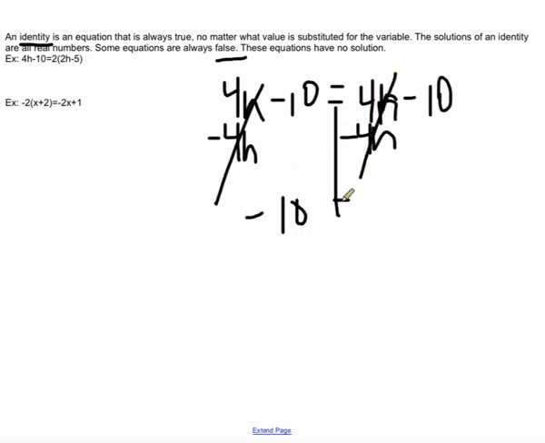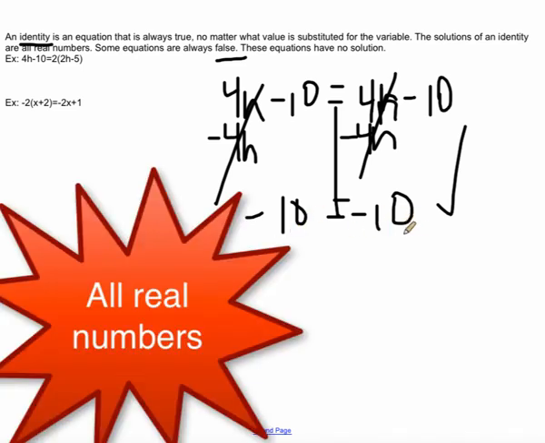Negative 10 equals negative 10, which is a true statement. So you see that the variables were canceled. I have no variables left, and I just have a number equals a number. If those numbers match, then that is all real numbers. All real numbers. That's called an identity.